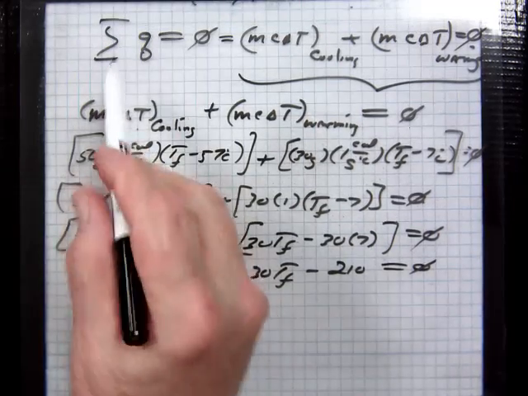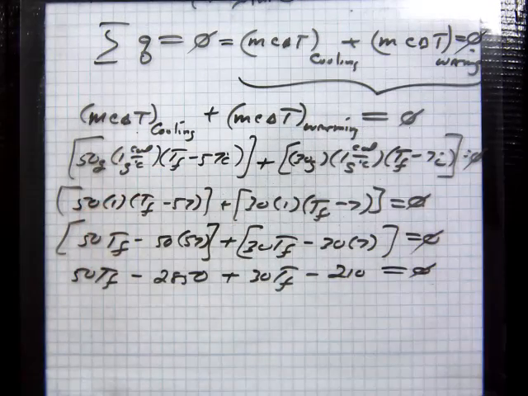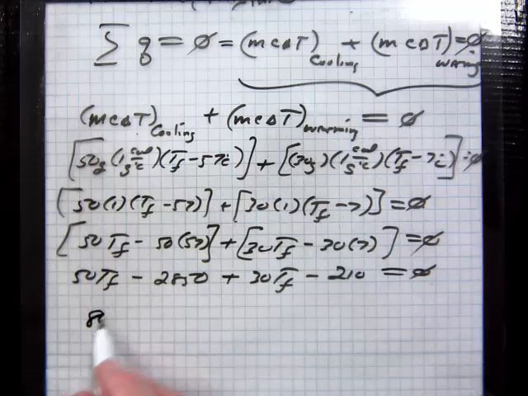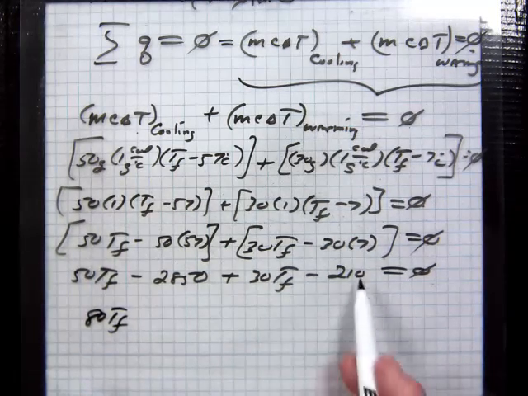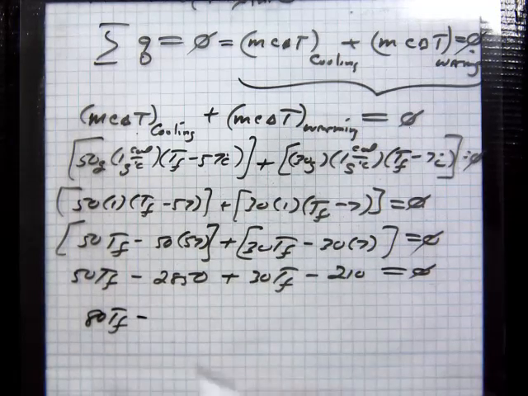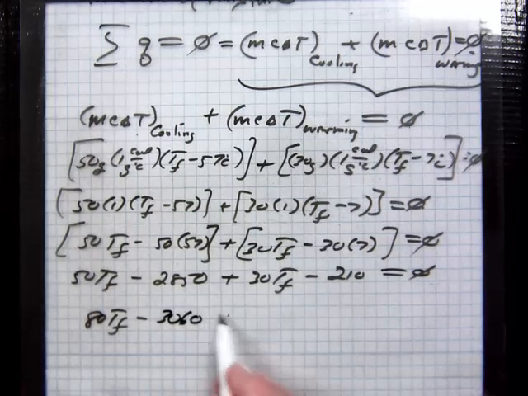I'm still using the sum of all these little changes. All I did is identify how many different changes are going on in here. Now all I've got to do is solve for TF. So that's 80 TF minus 3060, all equal to 0.